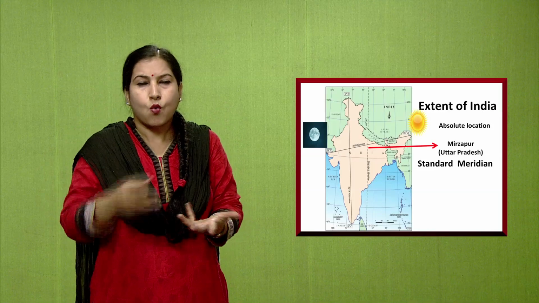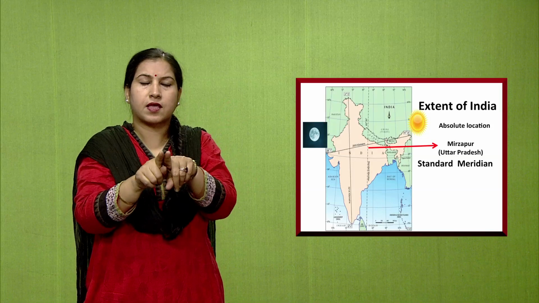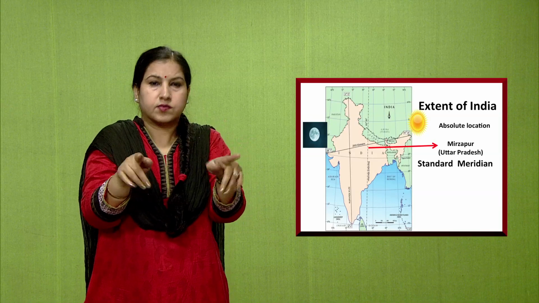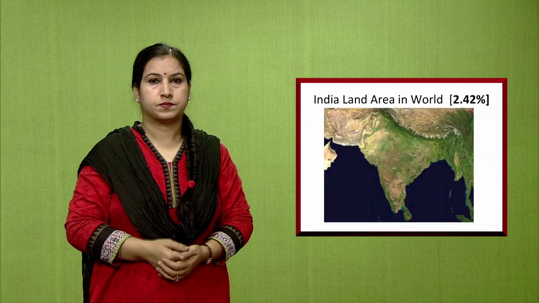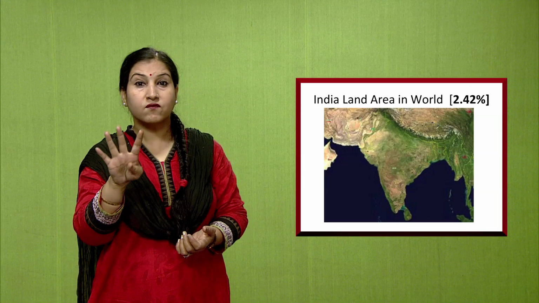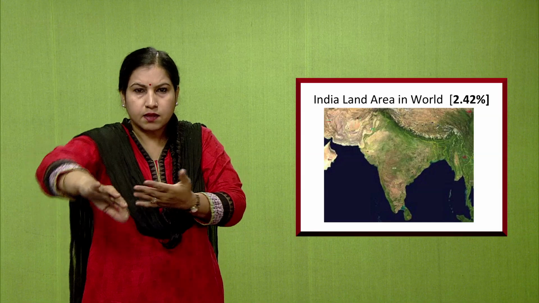It cuts the country almost through the middle, dividing it into east and west parts. India accounts for 2.42% of the total world land area.